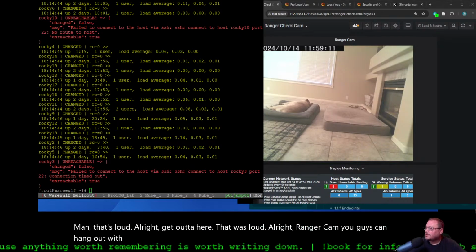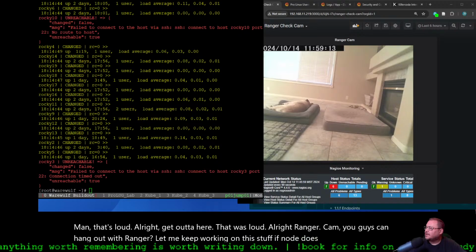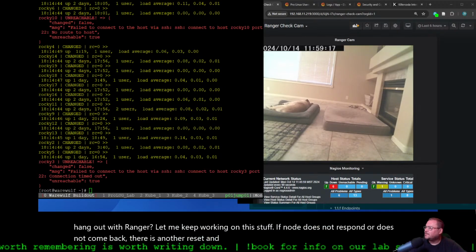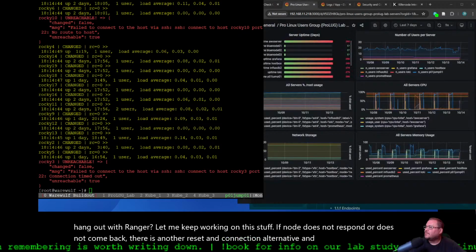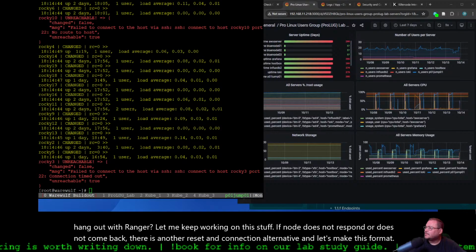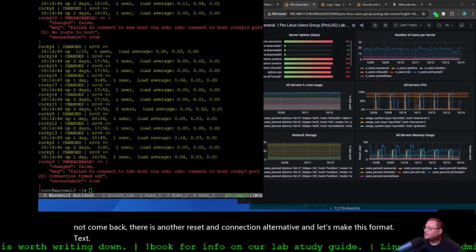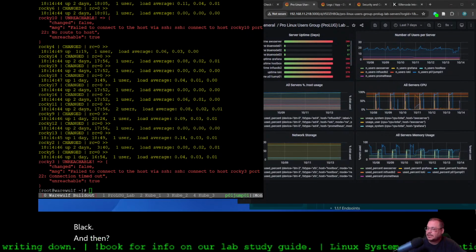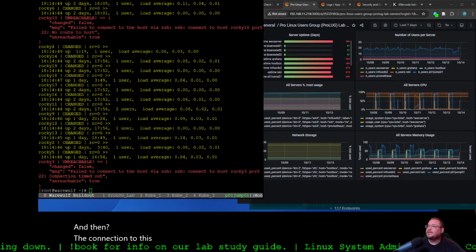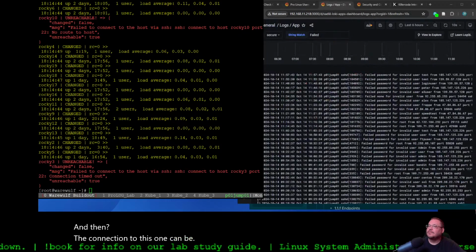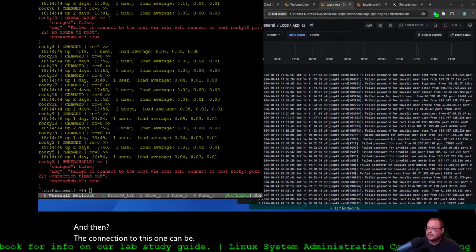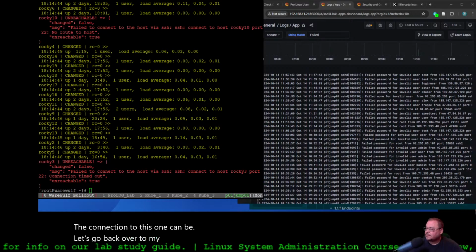Let me keep working on this stuff. If node does not respond or does not come back, there is another reset and connection alternative. And let's make this format text black. And then the connection to this one can be... go back over to my other window and pull that up.